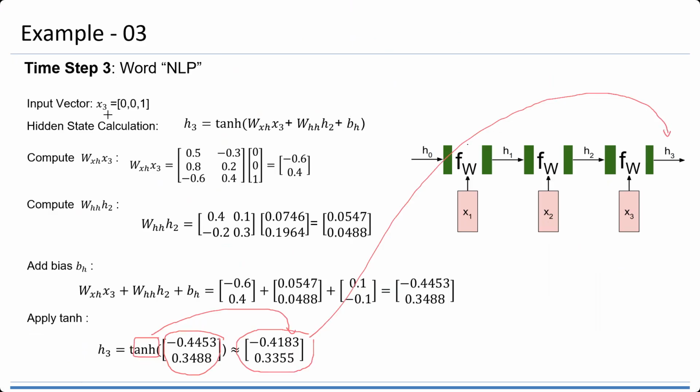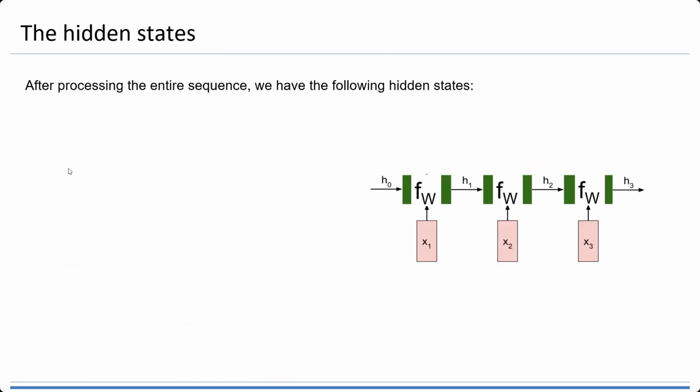Because we already did every word in our text, which is I love NLP, after processing the entire sequence, we have the following hidden states. So this is the H1, H2, and H3.